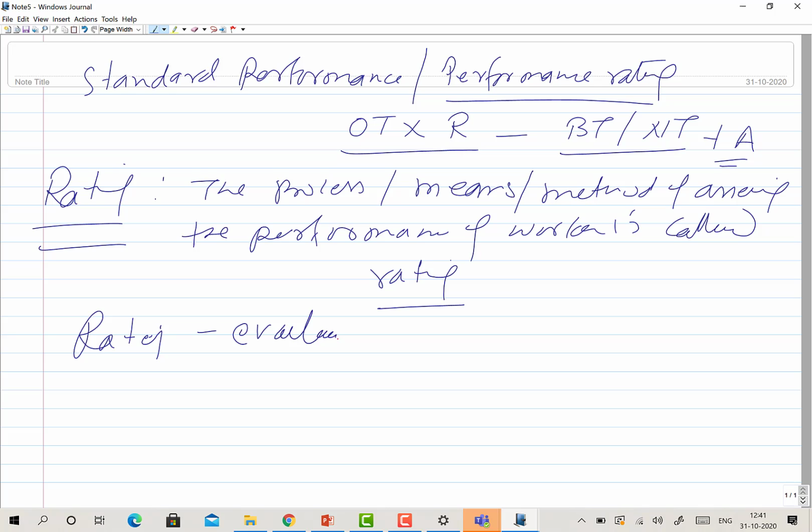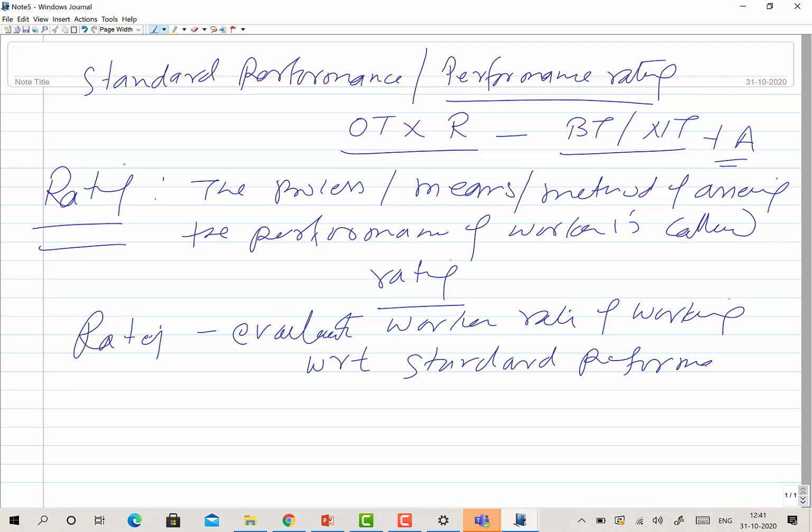it evaluates the worker's rate of working with respect to the standard performance concept of the time study man.